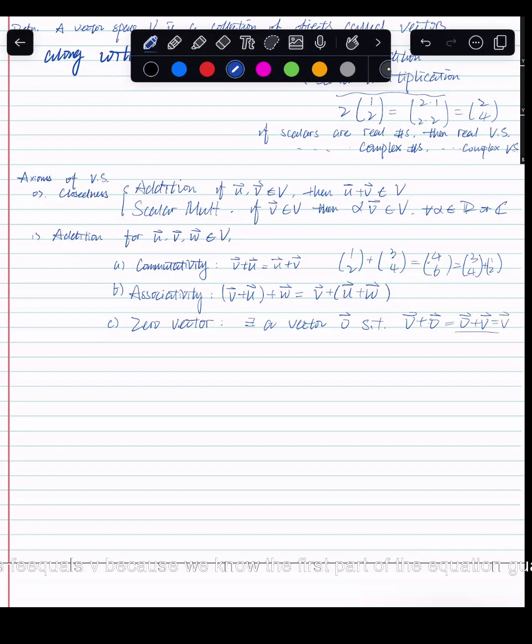Or we can just write 0 plus v equals v, because the first part of the equation is guaranteed by the commutativity. Right. Then the last one is called additive inverse.